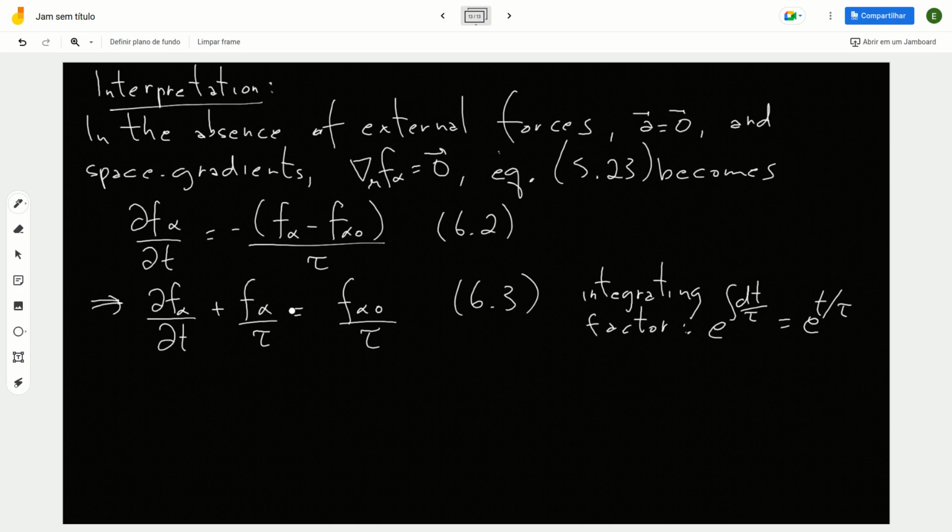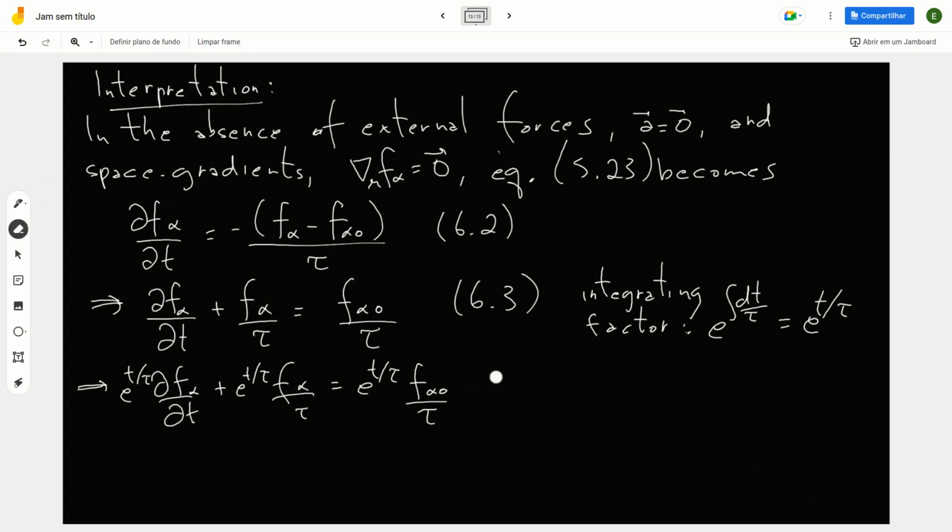So if you multiply this equation by this, e to the t over tau, you multiply all terms by this. Then we may write it like this.